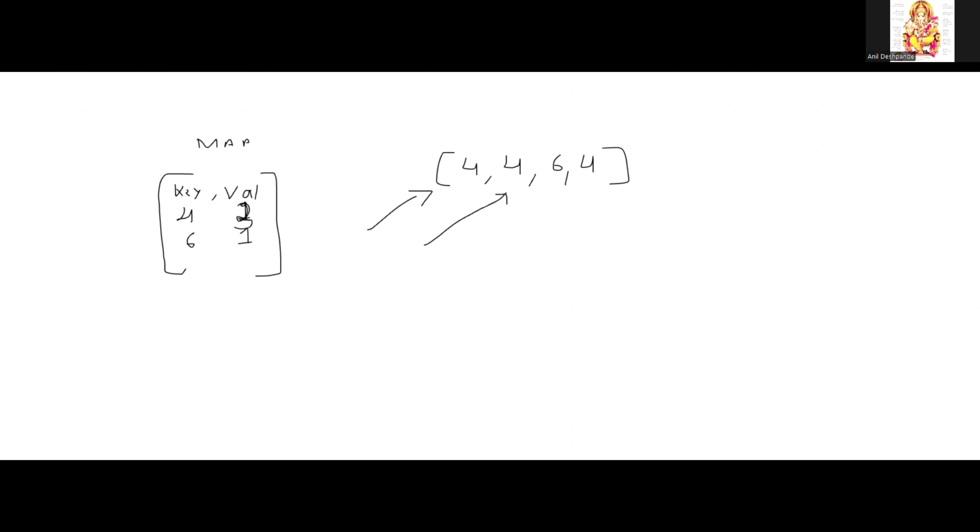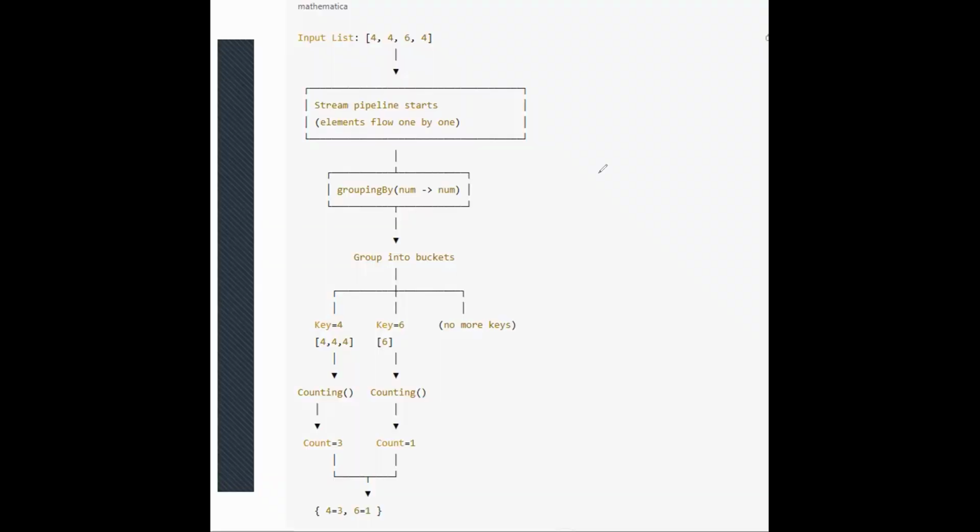Now we should start thinking of a stream. So what exactly is a stream? Let's go back and think about it. Next, we're going to use streams as a grouping by. That means this is your array which has 4, 4, 4, 6, 4. First, we will take the list as a stream and then we'll do a grouping.